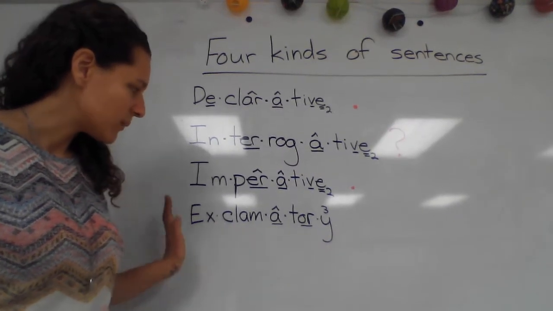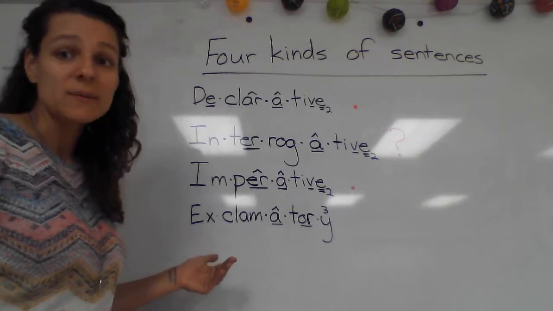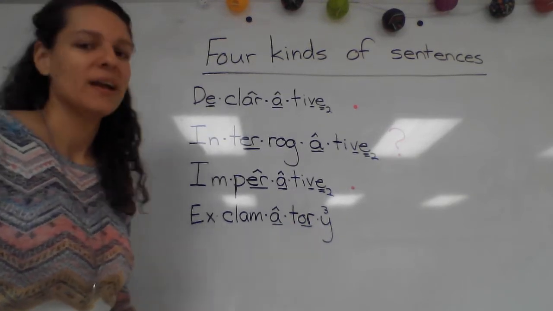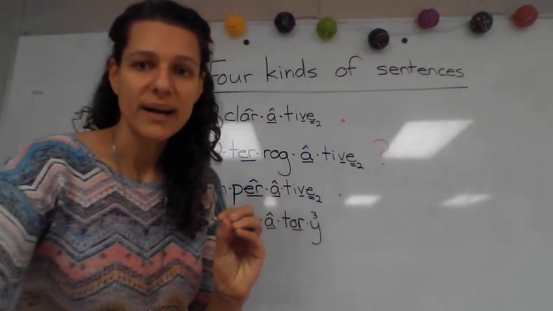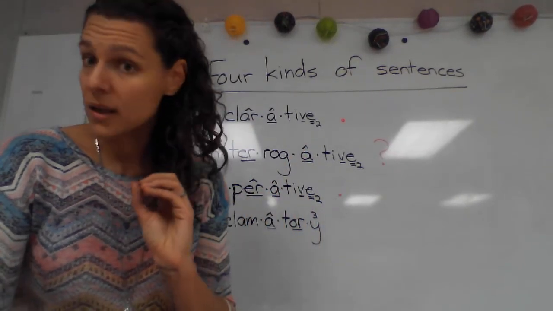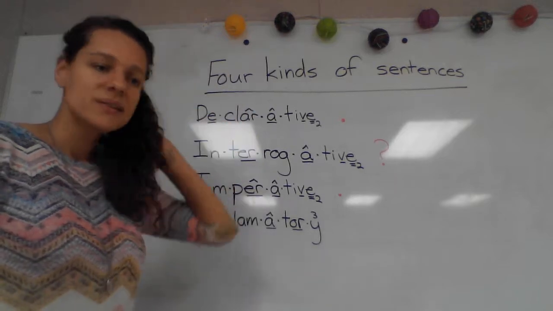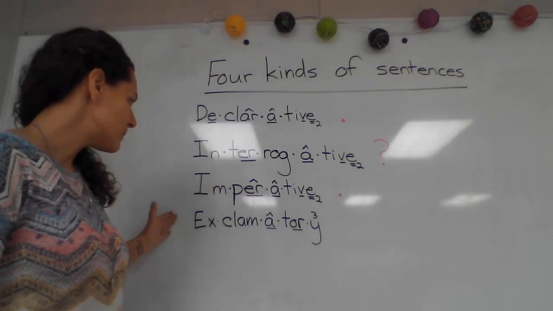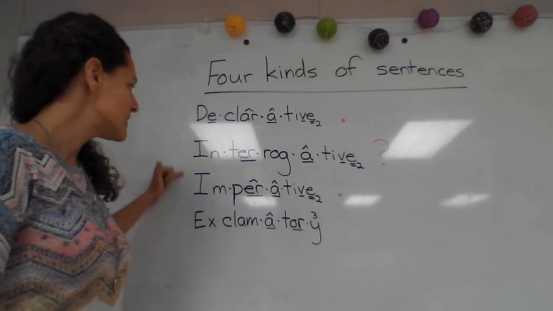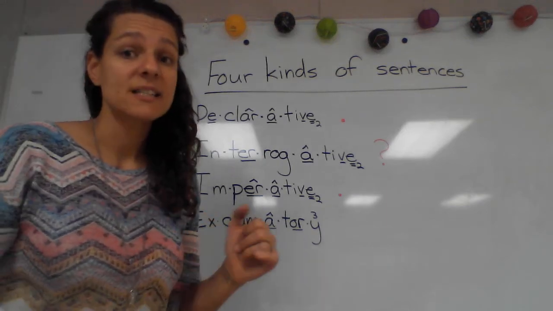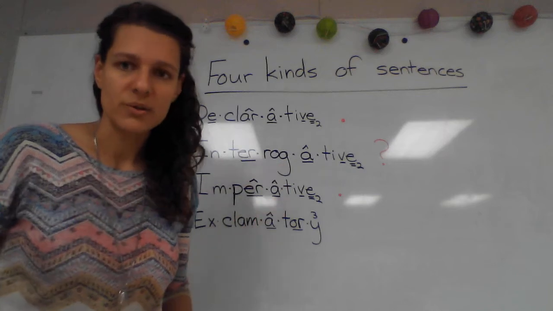Exclamatory is how we would say it to spell it, but of course when we're speaking we say exclamatory. All right, an exclamatory sentence expresses strong emotion. And it can actually be an imperative or an interrogative or declarative sentence. The difference is that it expresses strong emotion.